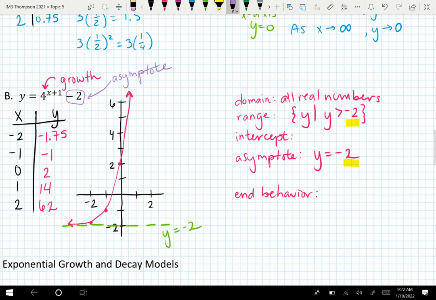It's already in your equation. Now, the intercept you can't really get until you look at the table and you can find it, right? Where is x, 0? What's the y value? Or if you look at the graph. So the intercept is just going to be at 2. And then we'll talk end behavior one more time today.